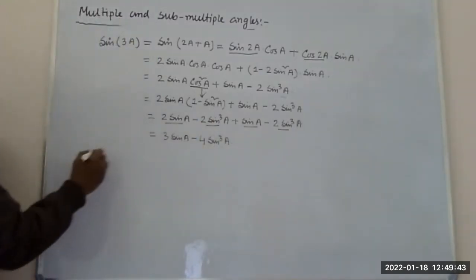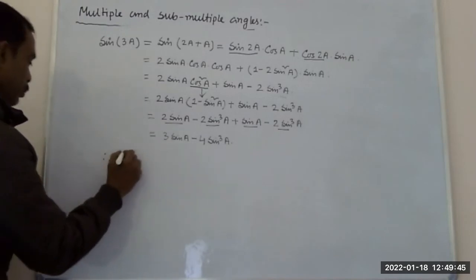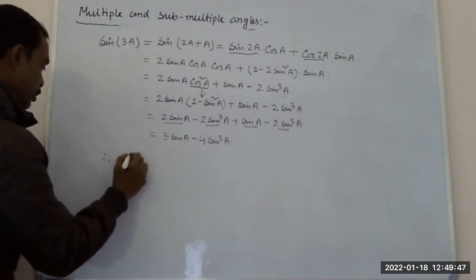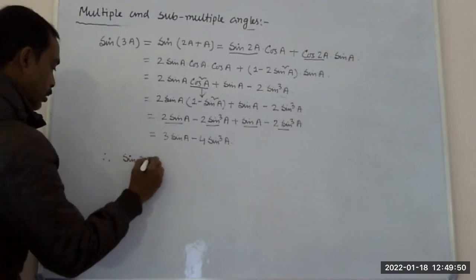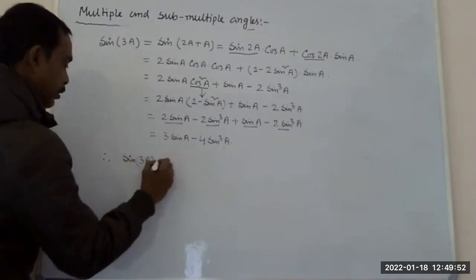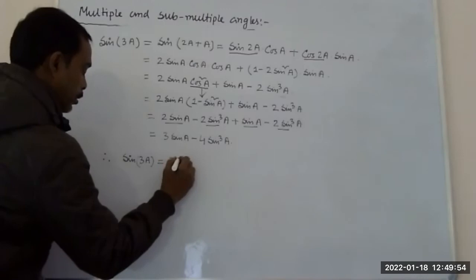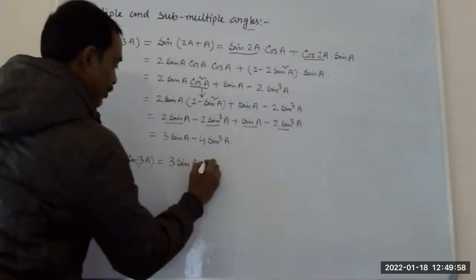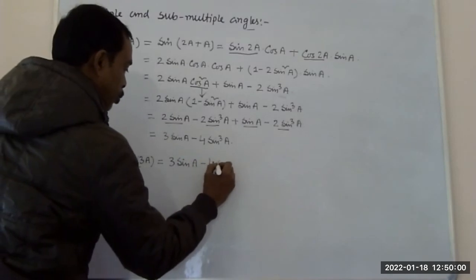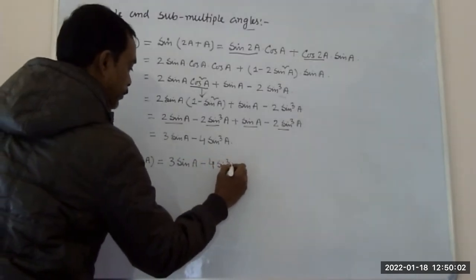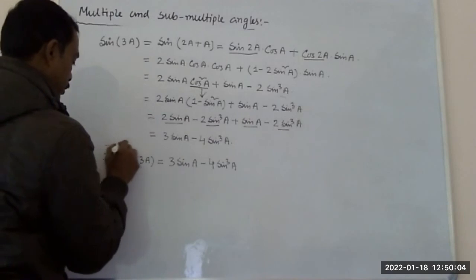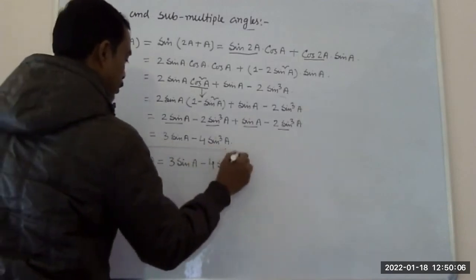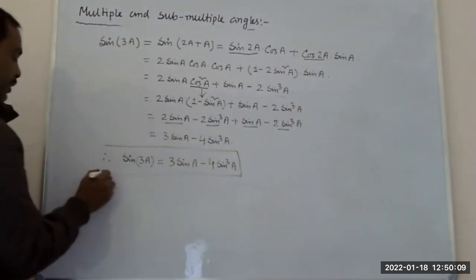sin cube A. So the formula of sin 3A is equal to 3 sin A minus 4 sin cube A. This is the formula of sin 3A.